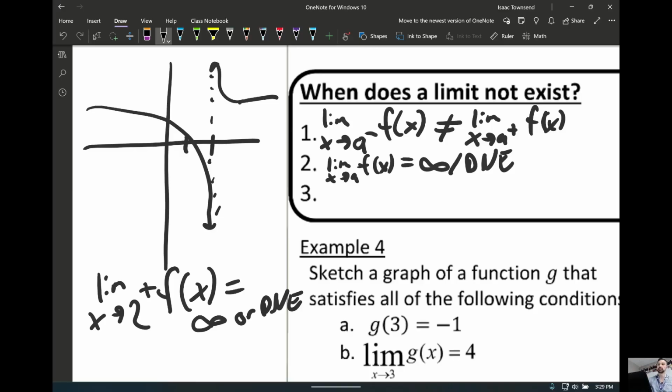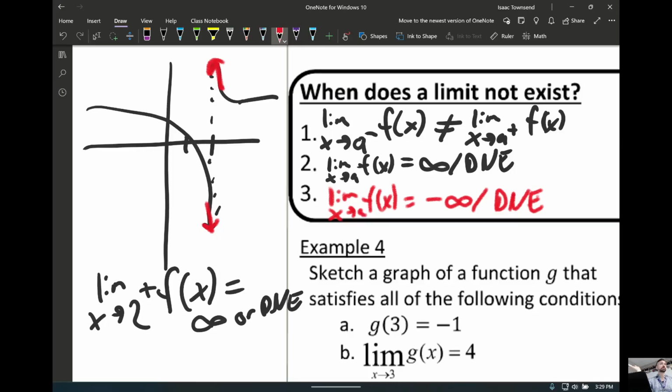All right, and then you could probably guess the third one, right? If it's not infinity, negative infinity. So if you have any limit where it goes down forever, your answer might be negative infinity, or it might be does not exist. Multiple choice, you pick the one answer that's there. Both answers would not be there.